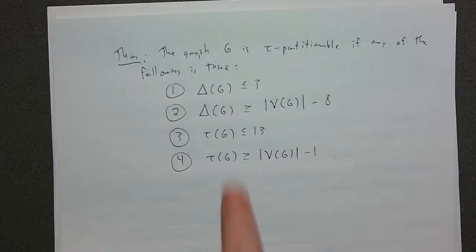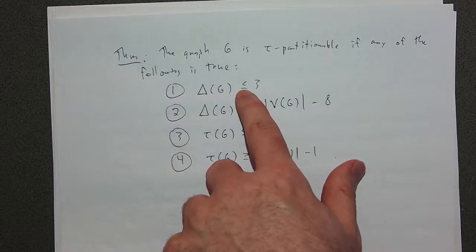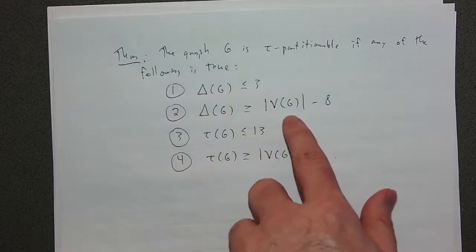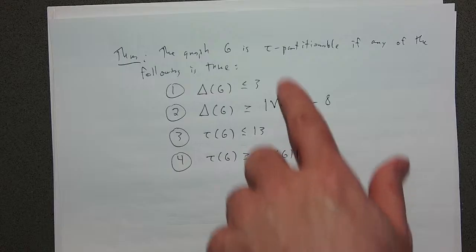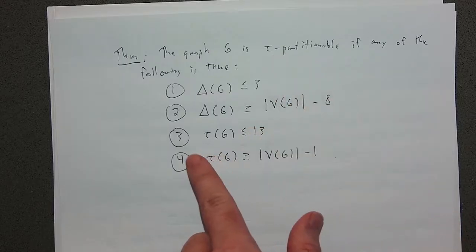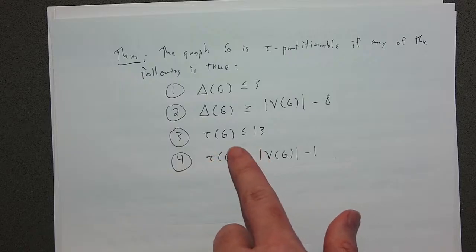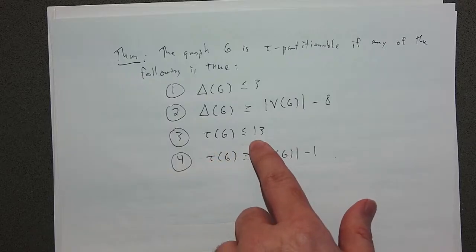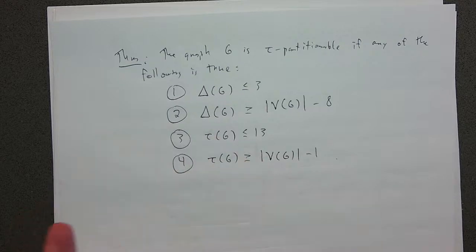So if the max degree of a graph is either very small or fairly large, then it's tau partitionable. If the detour order is fairly small or fairly long, then G is tau partitionable.